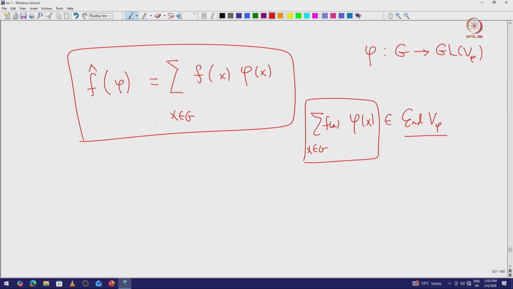So, basically we want to treat this f hat indeed as functions from irreps of G to the direct sum of the endomorphisms of V phi. Okay. So, let us make this very precise.